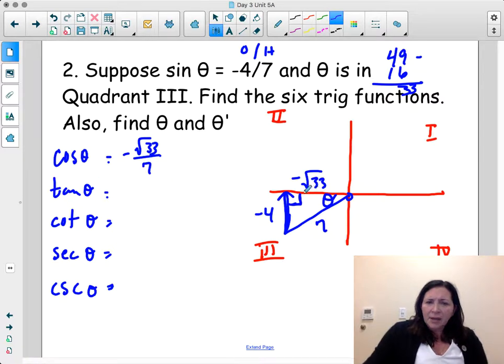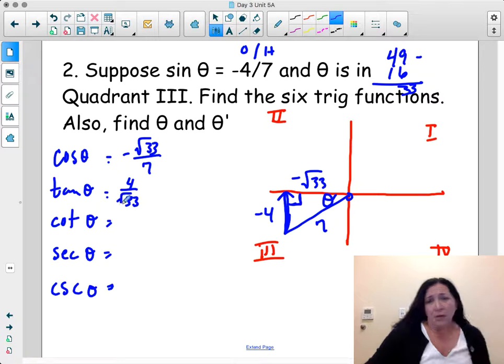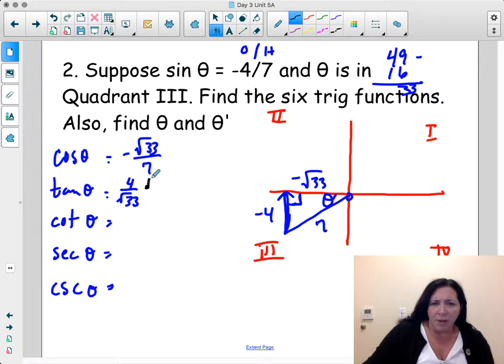Tangent of theta is opposite over adjacent, so that's going to be 4 over the square root of 33. Remember, you don't leave a root on the denominator ever, so we're going to multiply, and I'm not going to do this every time, but I will show you that I am multiplying by 1 in the form of root 33 over root 33. So I will get 4 root 33 over 33.